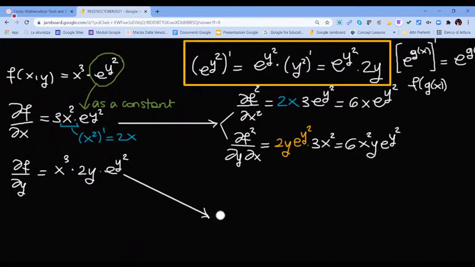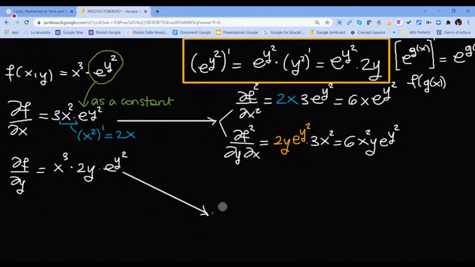We have the second derivative of f with respect to y square. So we have to compute. Now we have more to compute, because x to the third can be seen as a constant, a multiplicative factor in front of the rest of the function.